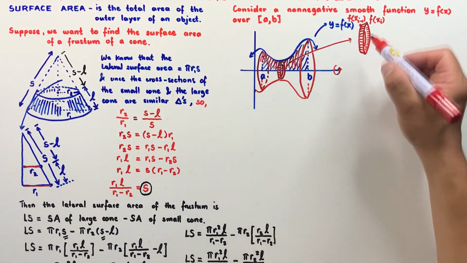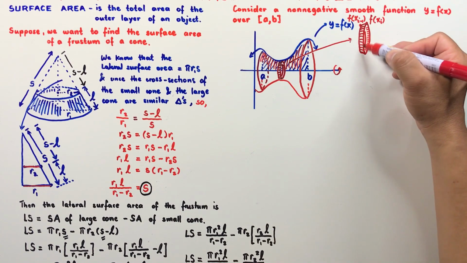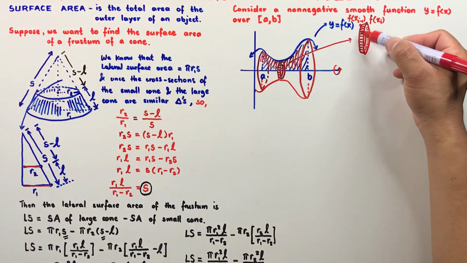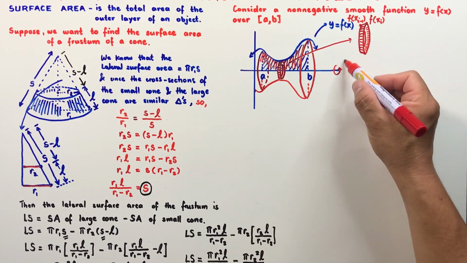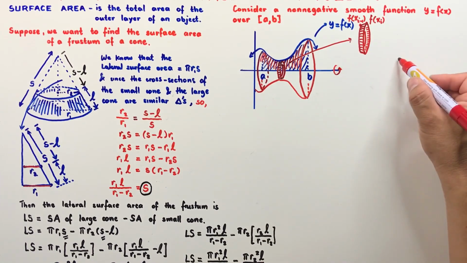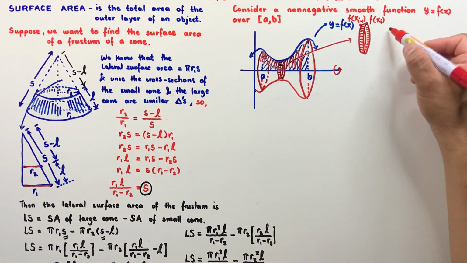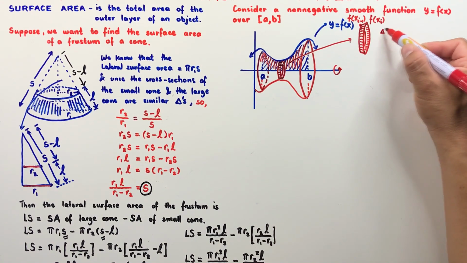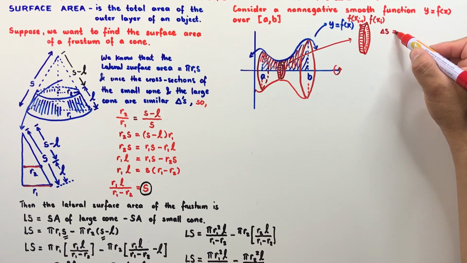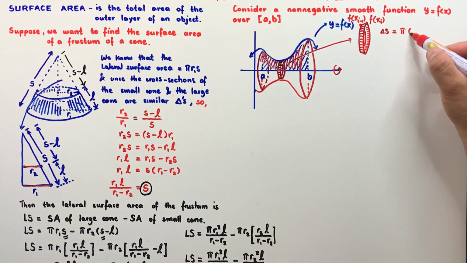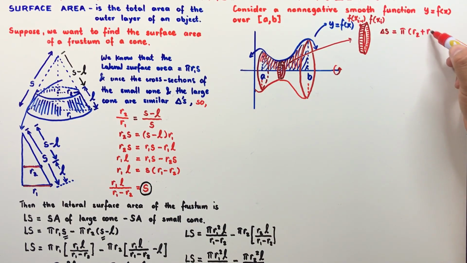So therefore, we can approximate the area of this incremental slice, because if you cut at the side, you will get a long rectangular piece whose area, we represent this area as the delta surface as pi times r sub 2 plus r sub 1 times L.